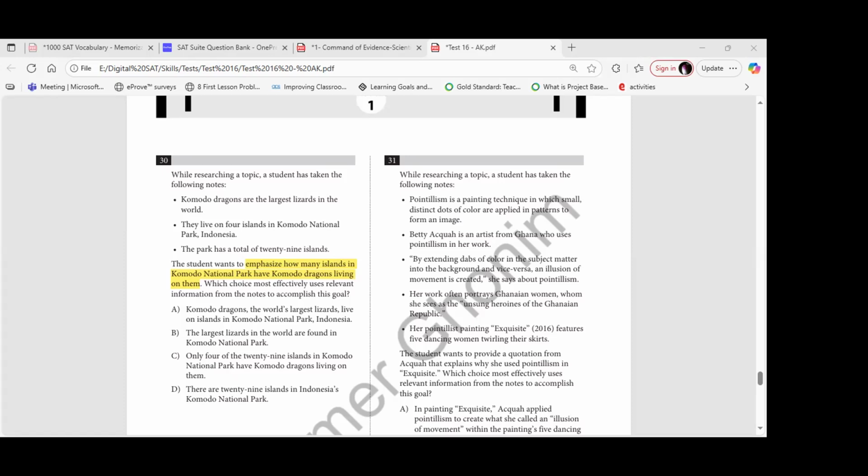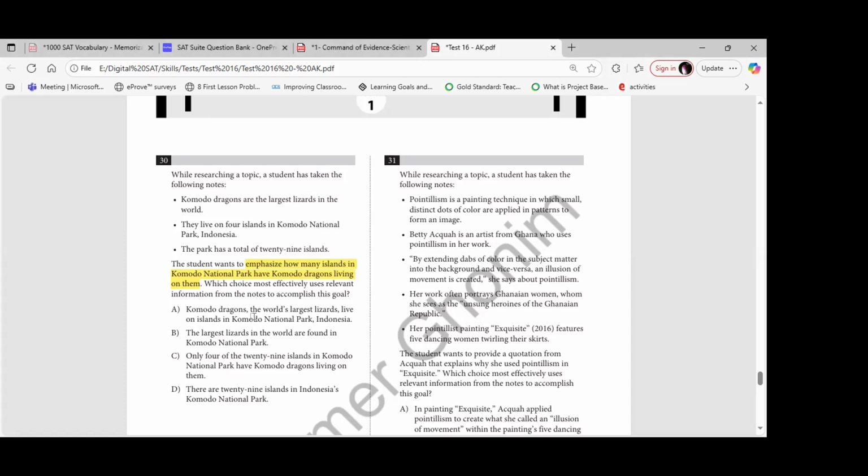So let's find. Unfortunately, we have mistakes in this one. I don't know why. I have only one that got it as a mistake. Here he said he wants to emphasize how many islands in Komodo National Park have Komodo dragons living on them.